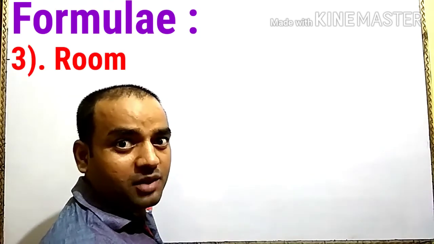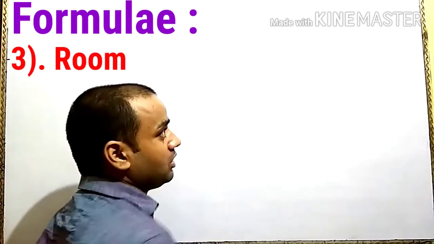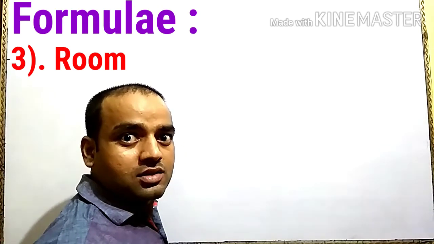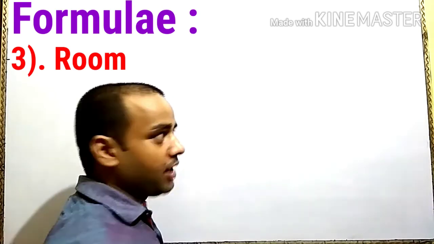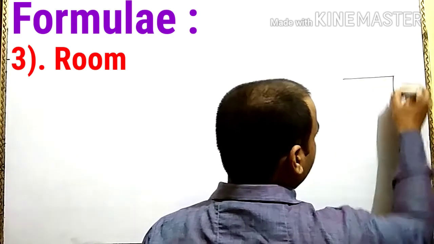In the next figure we take a room. Generally the shape of a room is a cuboid. So we take a room of this type.